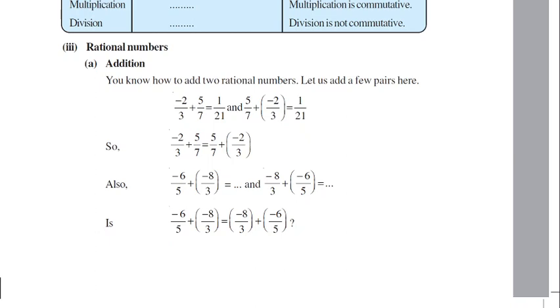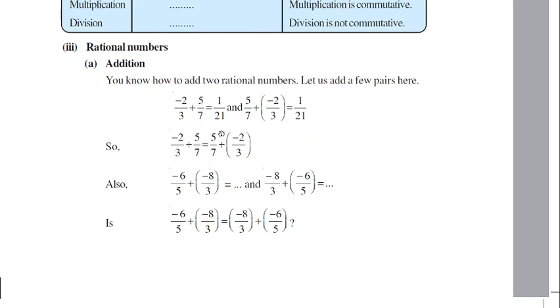Now the rational numbers. For rational number operations, please remember that if you have been given plus or minus, then you have to calculate the LCM. But here we are applying the property. This type of example is also asked in your chapter, where you have to do the operations with the help of a property.